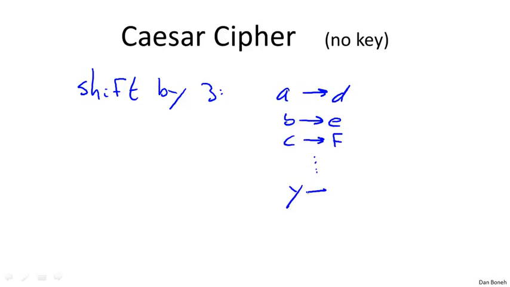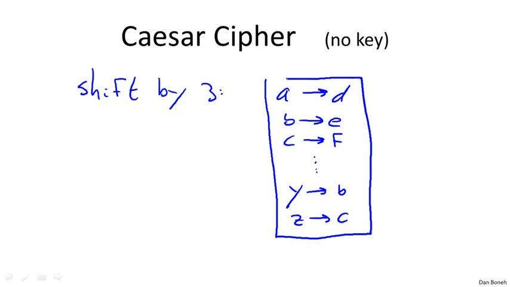Y becomes B, and Z becomes C. It's a fixed substitution that's applied to all plaintext messages. So again, this is not a cipher because there is no key. The key is fixed. So if an attacker knows how our encryption scheme works, he can easily decrypt the message. The key is not random, and therefore decryption is very easy once you understand how the scheme actually works.